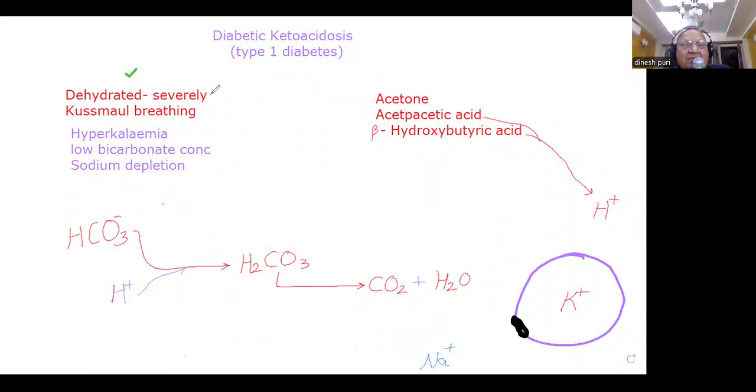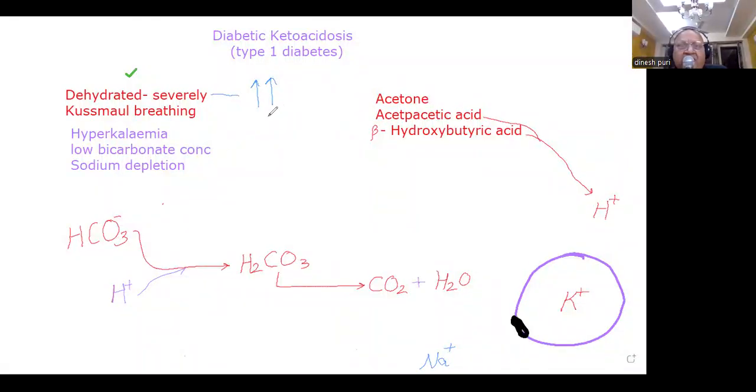First, why the patient is so severely dehydrated. In type 1 diabetes, there is little or no insulin because of widespread destruction of the pancreatic beta cells. And the blood glucose level rises in uncontrolled form. It may reach as much as 1000 milligram per deciliter, such cases have been reported.